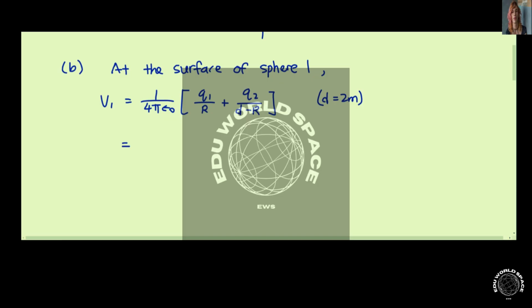So you can put in the numbers, 8.99 times 10 to the 9.